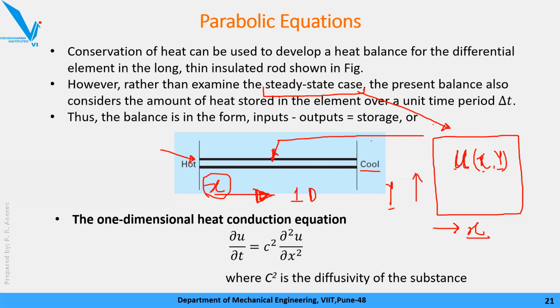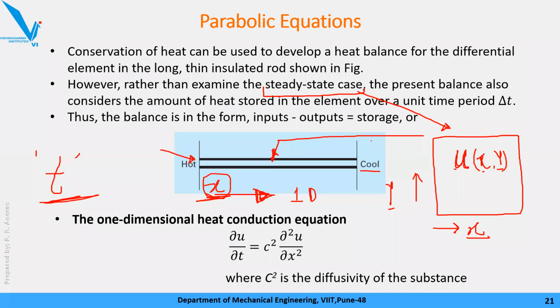And if you are considering a transient state, that means time is an independent parameter. If you are doing transient analysis, then you have two independent parameters, the x variable and the t variable.